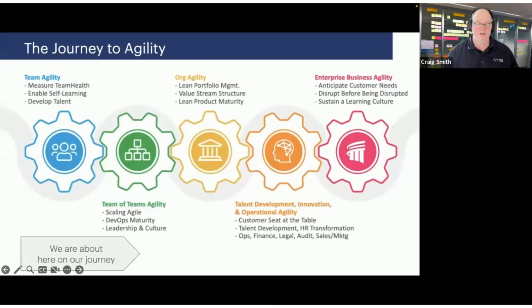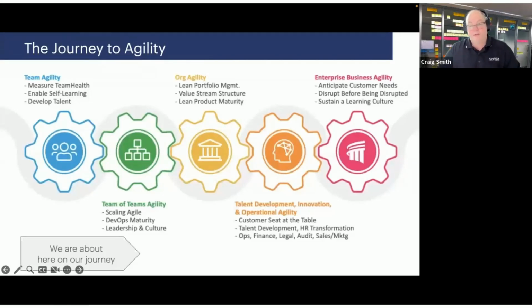We've knocked over team agility. That's been around for 25 plus years, whether it be Scrum, extreme programming, scaled agile, but down to the team level, we're pretty good at that. We know how to do that. And while some of you may still be early on in your journey, as a community, we've got that. It's just become the de facto way of working in some way, shape, or form.